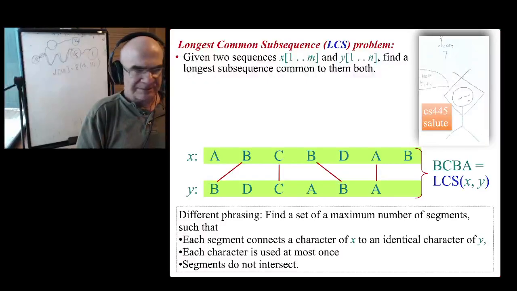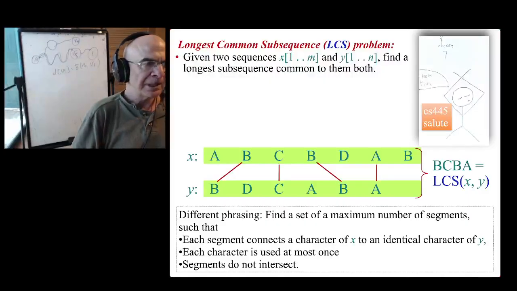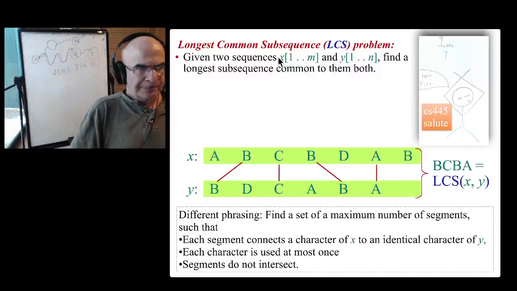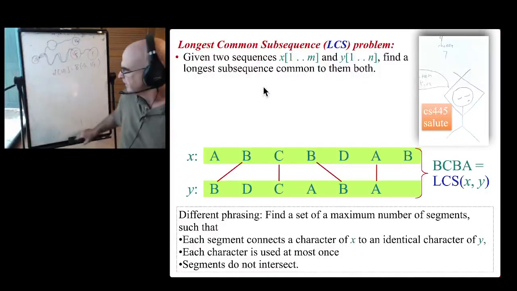And this definition is, by the way, taken from the textbook, the CLRS. So the longest common subsequence, LCS, problem is the following. I told you about one string X[1..m], one long string of m characters, and another string Y of n characters, and I can define a lot of subsequences between them, right?